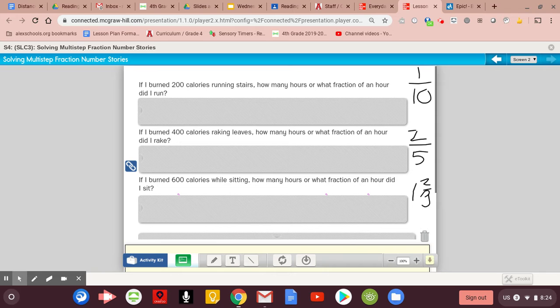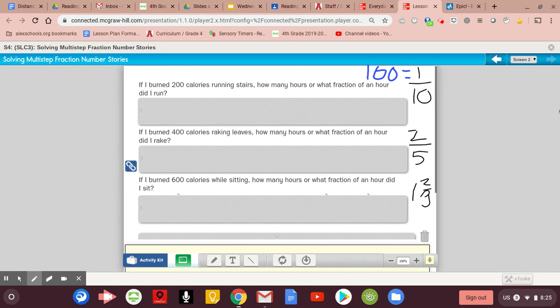So our first problem here says, if I burned 200 calories running the stairs, how many hours or what fraction of an hour did I run? I already looked and I know that to burn 100 calories, it takes 1/10 of an hour. So to burn 200, I am going to do some multiplication.